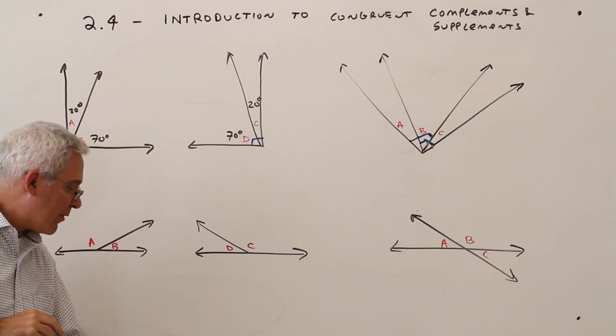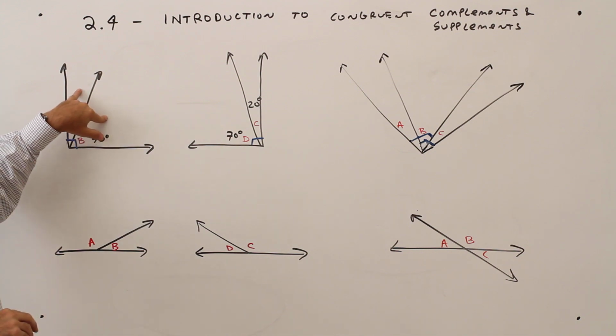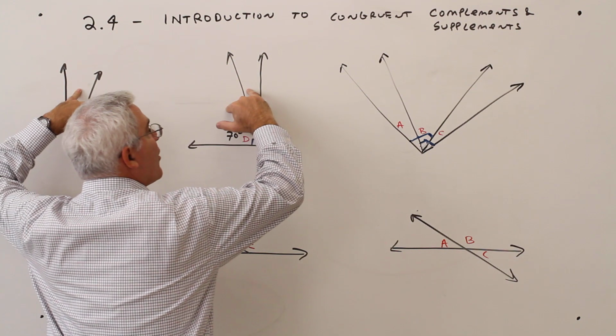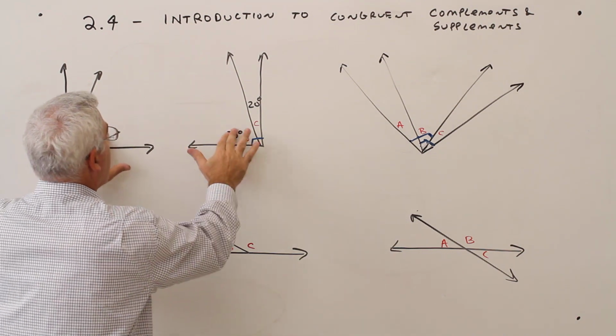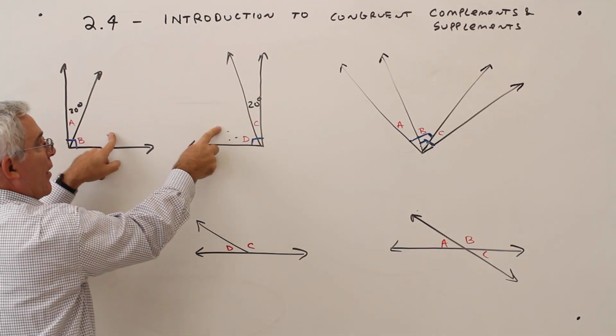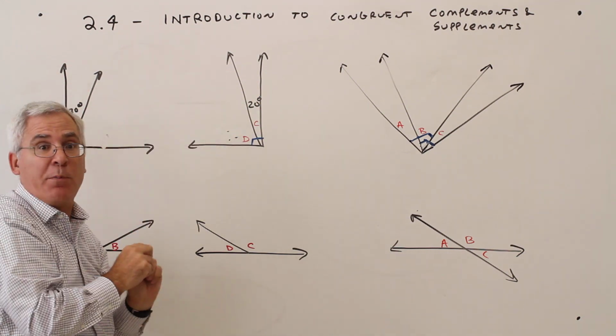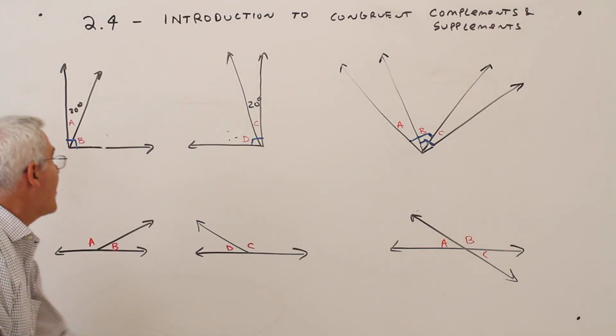So what I want to establish is the following. These two angles are complementary, and these two angles are complementary. If I know that these two parts are congruent, then I can conclude that these two parts are congruent. End of story. Okay? So I can write it this way.